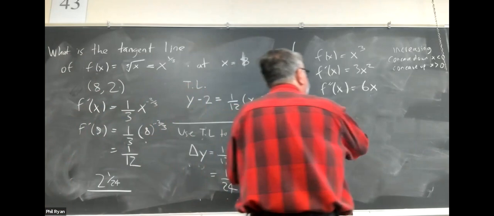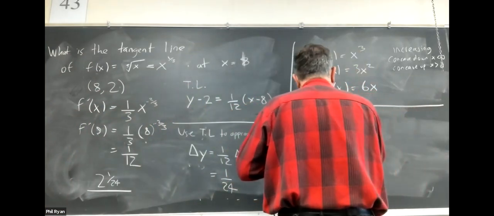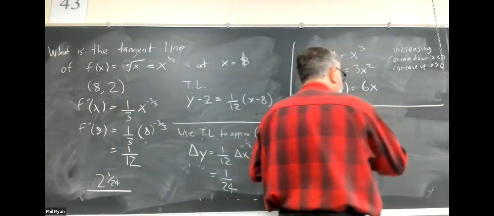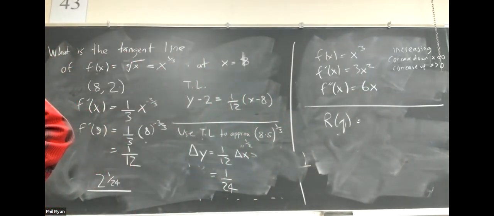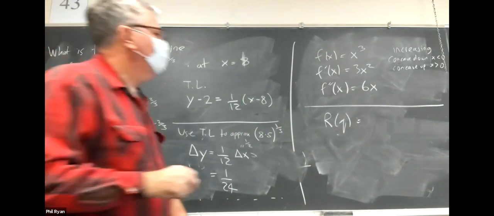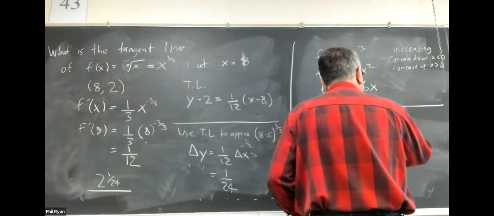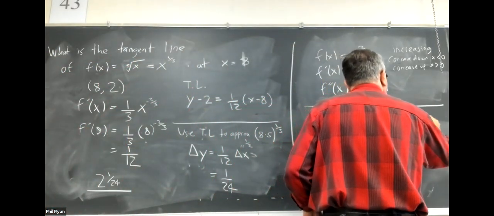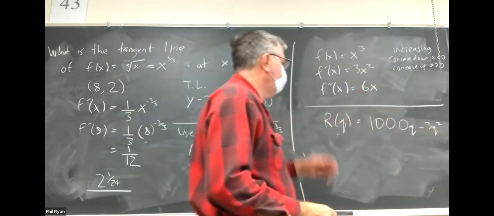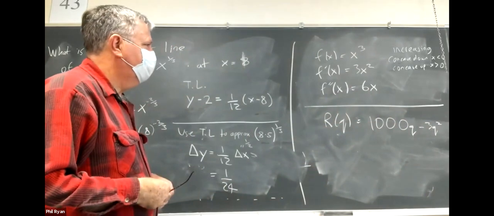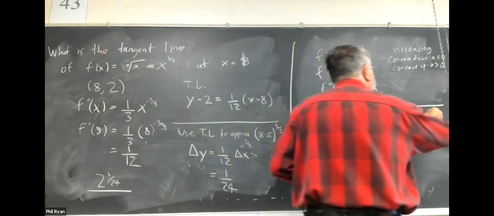I can give you a revenue curve now. I give you a formula. Let's say that revenue is 1,000q minus 3q squared for some range, with q less than something.